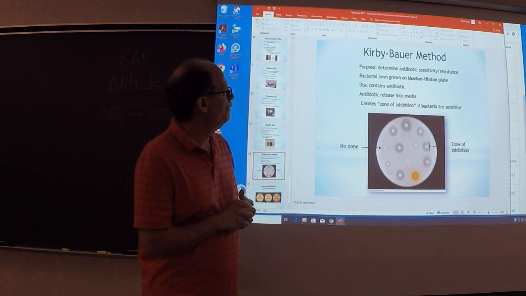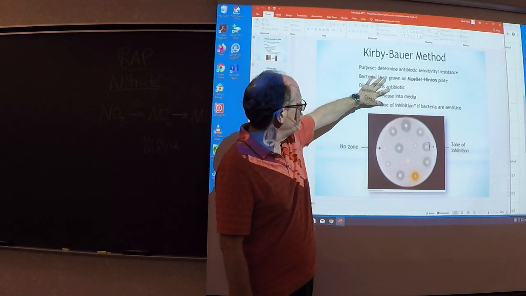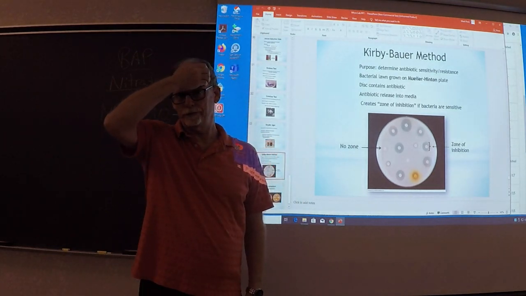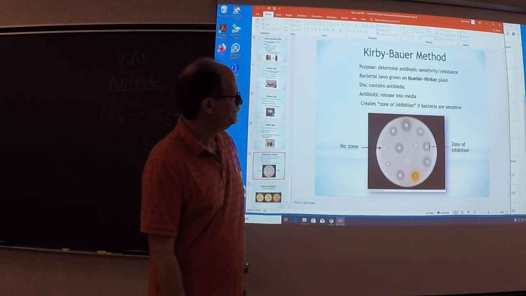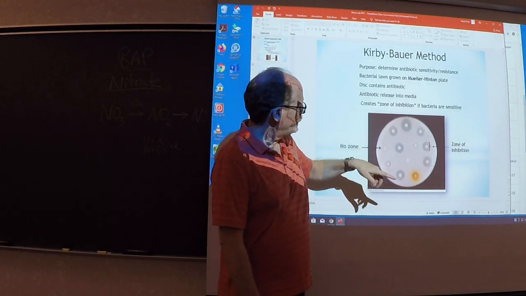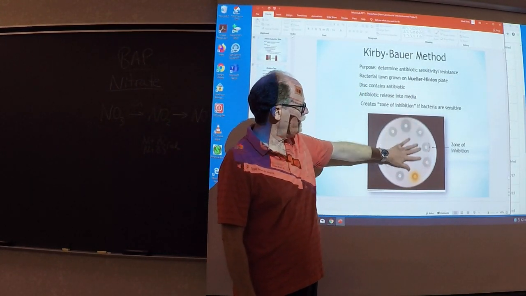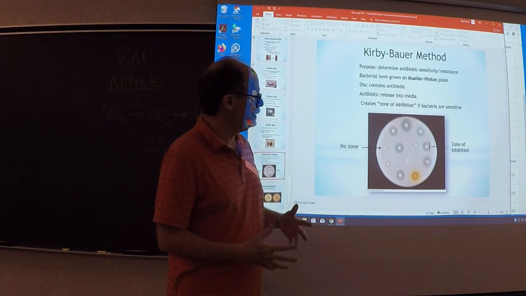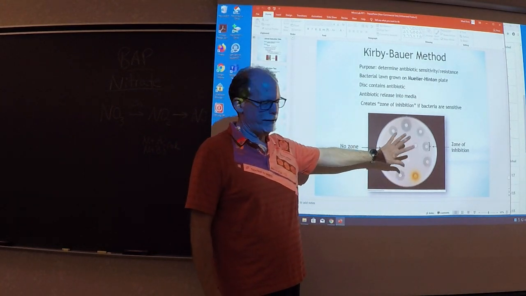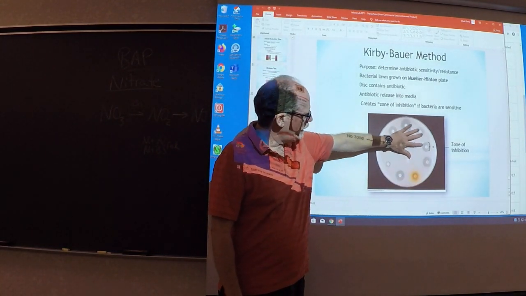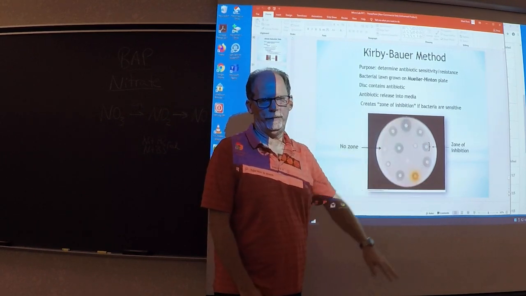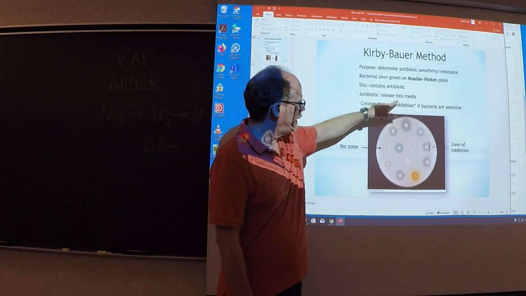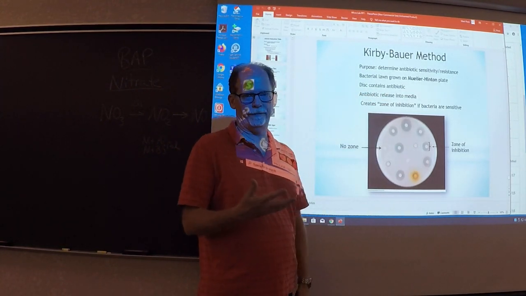The principle is that the Mueller-Hinton plate is what's used. It's very similar to a TSA plate. You apply an even coating of bacteria to the surface of the plate. You want the bacteria to grow. If we hadn't added any discs, you'd have an even lawn of bacteria growing on the surface. Before they grow, though, you add discs, and on this plate every disc contains a different antibiotic.